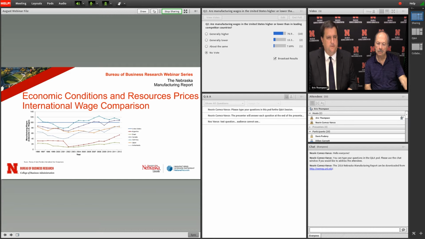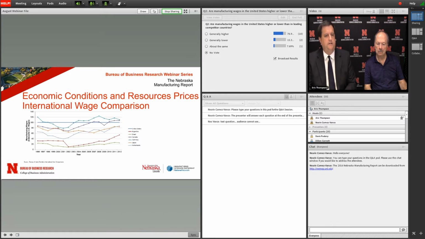And the graph really presents wages relative to the U.S. You can see the U.S. is represented by that horizontal, straight line. And the wage rates in the other countries are all relative to the wage rate in the U.S. So, for example, in 1996, manufacturing wages in Germany were generally about 20% higher than they were in the U.S. Versus other countries where the wages were a little lower than the U.S.